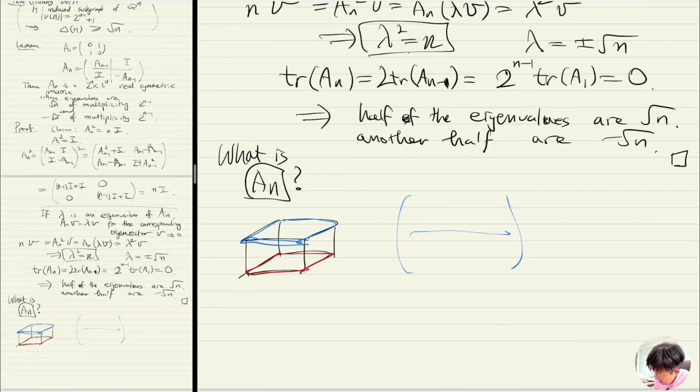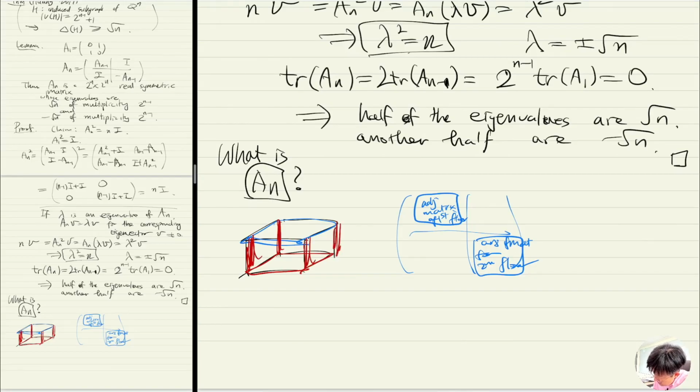I have the adjacency matrix for the first floor and the adjacency matrix for the second floor, and between the first floor and second floor you have edges connecting the identical copies, and those edges can be represented by the identity matrix.